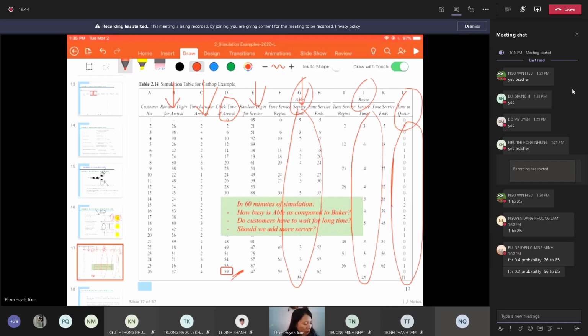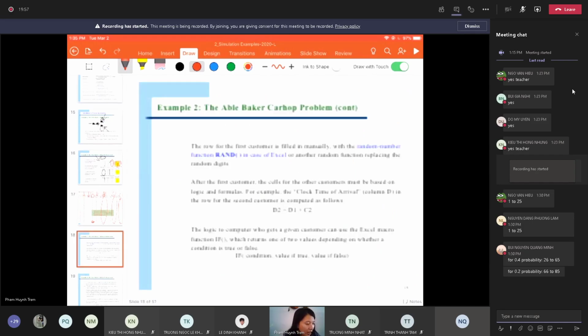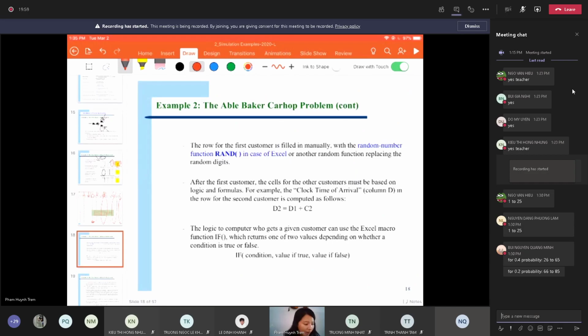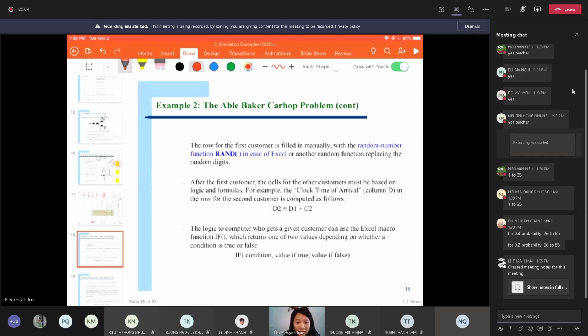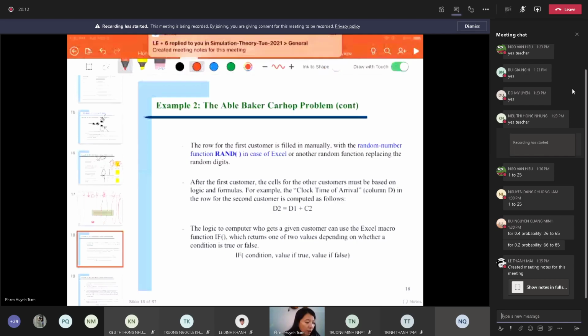For this one, I would like you to try at home with Excel, because it is quite tiresome when we do it manually, but we can totally do this in Excel. The next few slides give you very detailed instructions on how to do it in Excel. In Excel, the way we generate the random digit is to use the built-in function RAND.